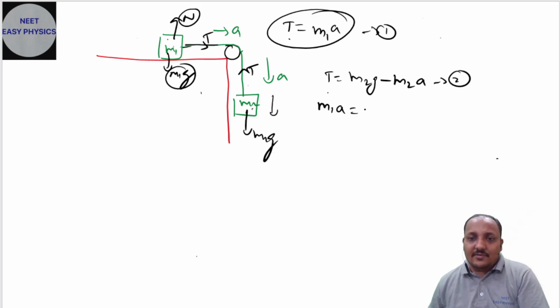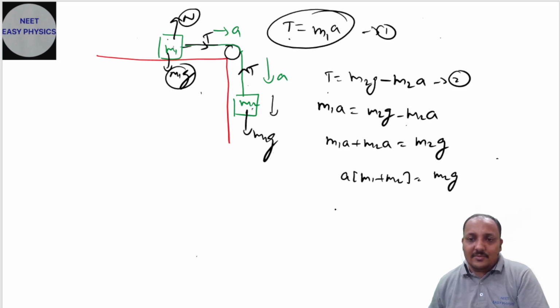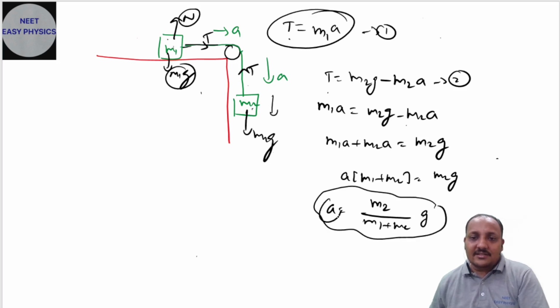So M1A equals M2G minus M2A. Bringing this to the left side, M1A plus M2A equals M2G. Taking A common, (M1 plus M2) A equals M2G. Now A is equal to M2 by (M1 plus M2) into G. This is the acceleration. Put this acceleration in equation 1 or 2 and you will get T.